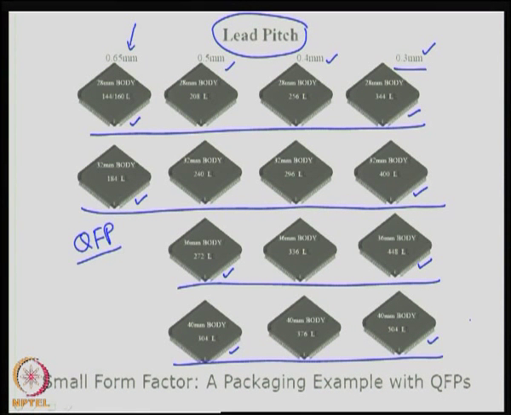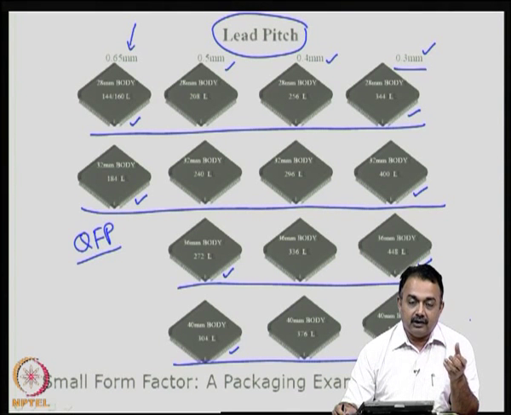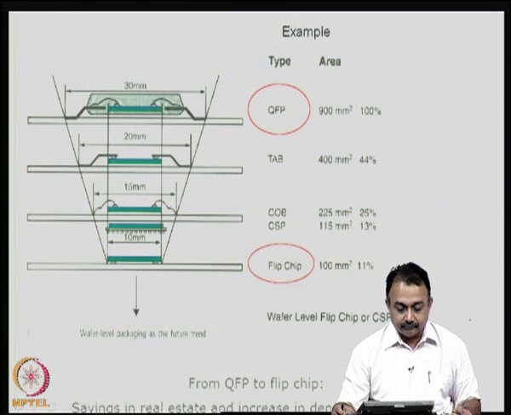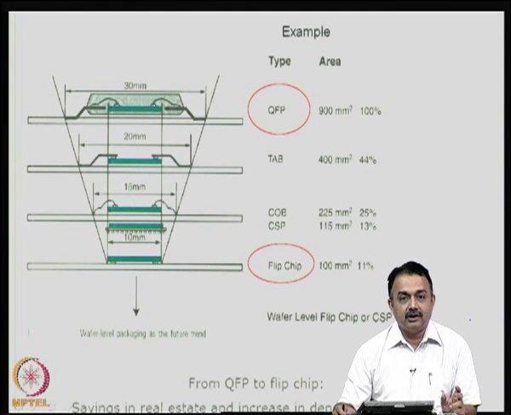So, you can see this has been illustrated here basically to give you an impression about the impact of lead pitches on packages of a similar type. So, you can expect in different package formats the impact will be much larger.